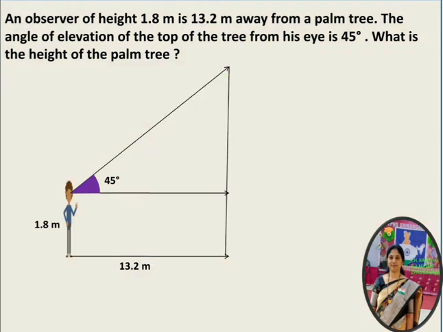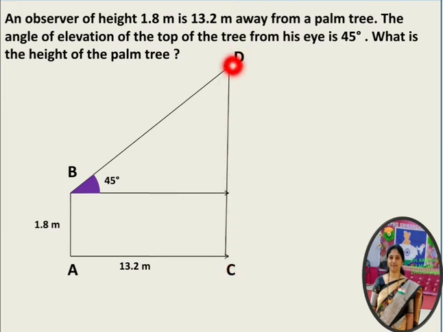Now to draw the diagram, a vertical line needs to indicate the palm tree, and for this observer also we have to consider a line. Just consider a line like this. Okay, now name the sides. Here AB is a person and CD is the palm tree. Now here we have to find out the height of the palm tree.